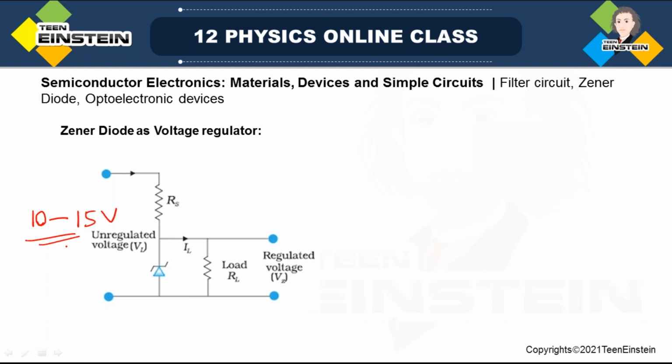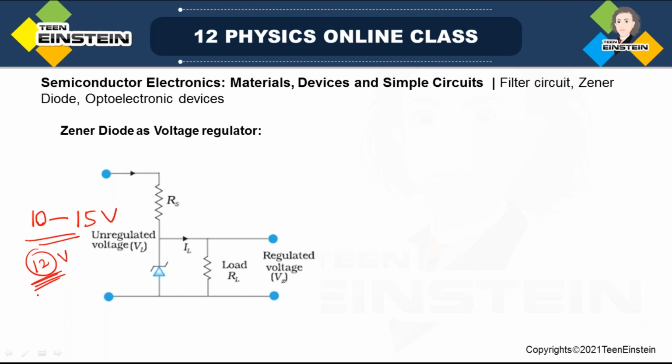Your unregulated supply voltage varies from 10 volt to 15 volt, but your regulated voltage should be some 12 volt. So you have to choose a Zener diode such that it has a breakdown voltage around 12 volt.